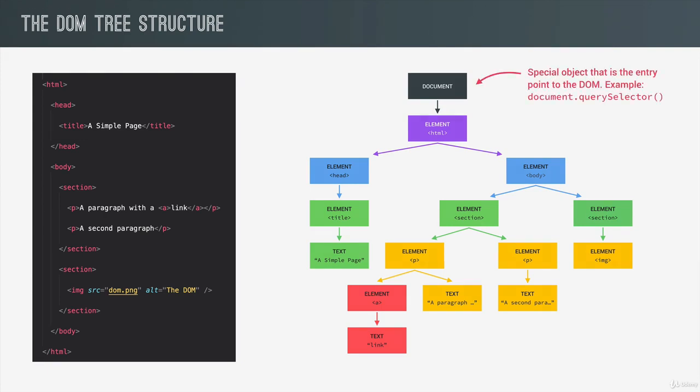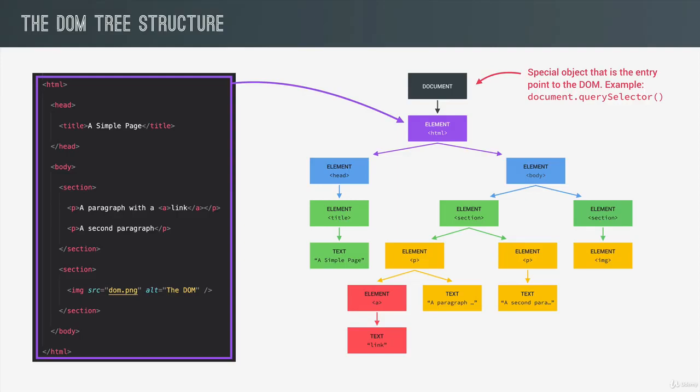Remember how you used document.querySelector in the last lecture to select an element? So that means that the querySelector method is available on the document object. And so that's why we say that document is the entry point to the DOM, because we need it to start selecting elements.